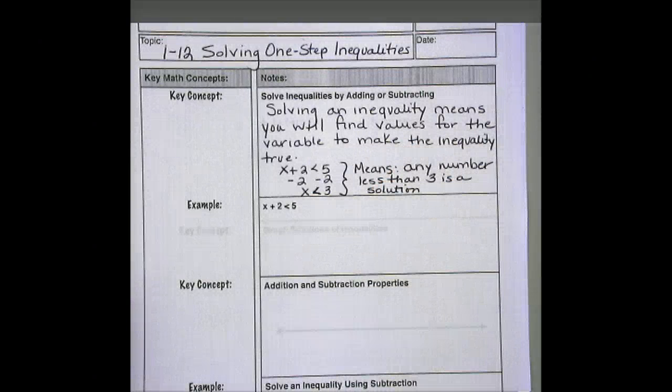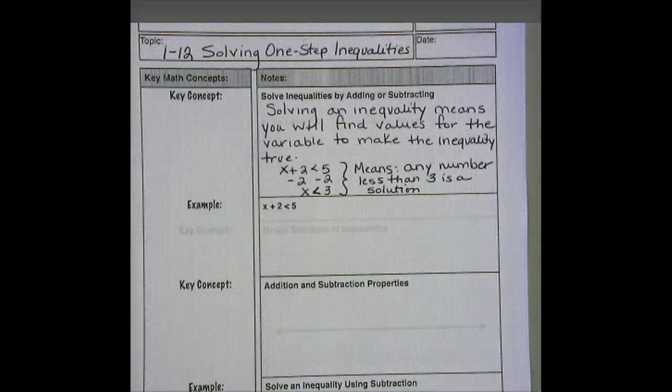So 3 is not a solution because 3 is not less than 3. But anything less than 3, 2.99, 2.75, 2.6, 2, 1, 0, -1, -8, -10, any number that is less than 3 is going to be a solution to this inequality.